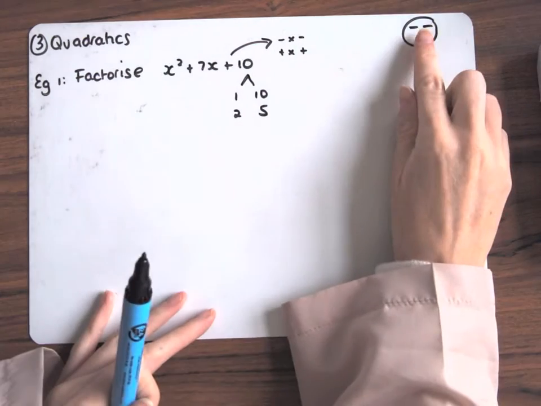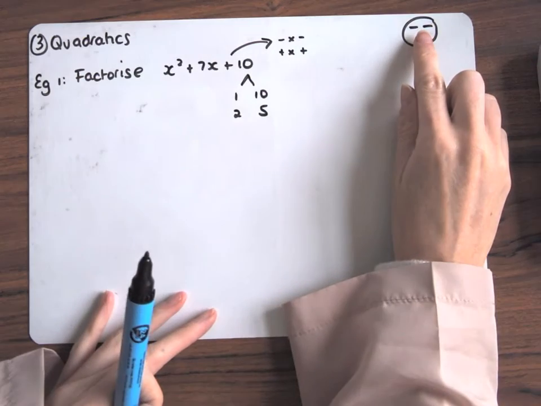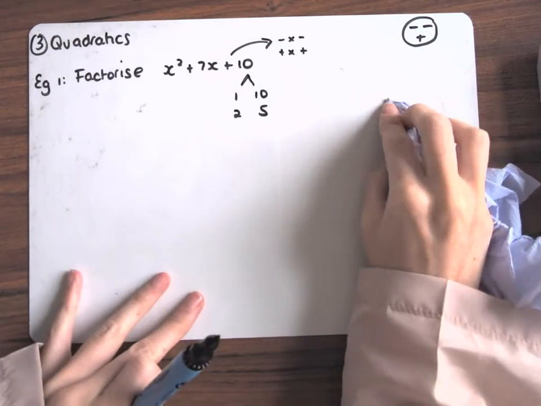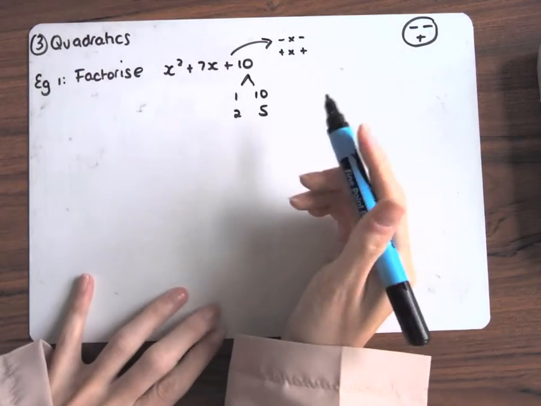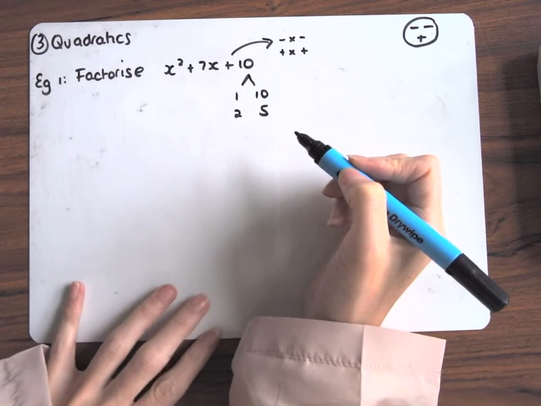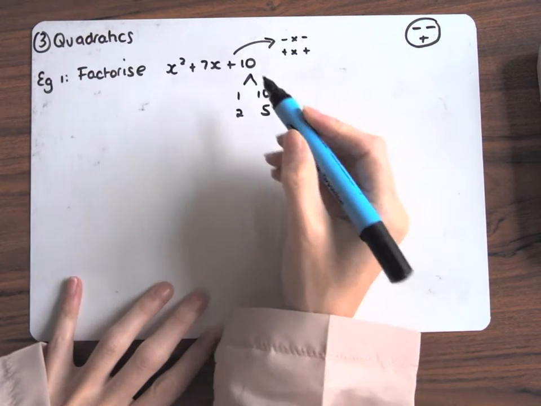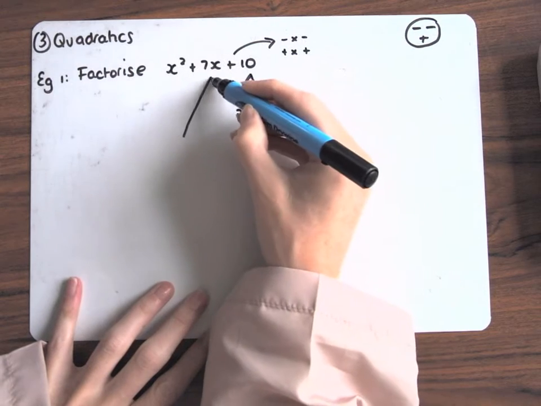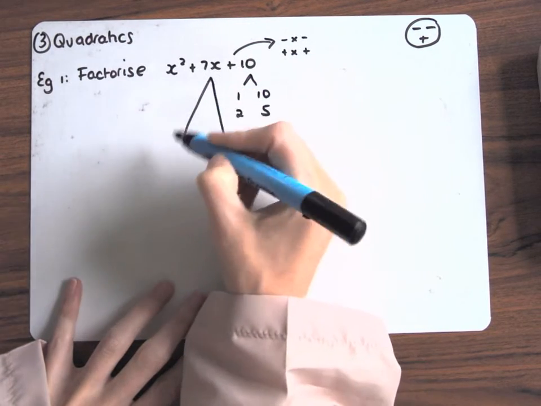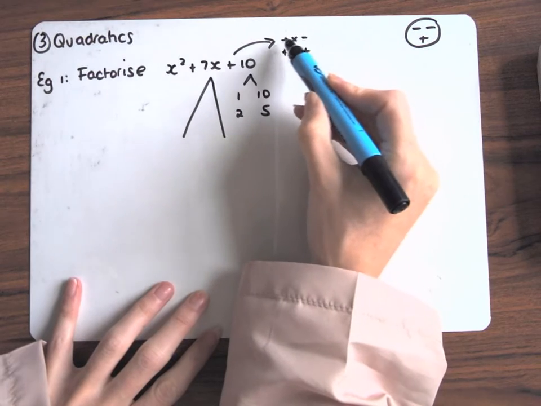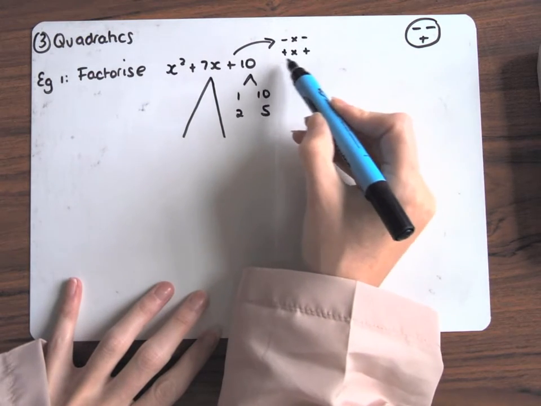If I want a plus, it means it's a minus by a minus, or we just know a plus by a plus gives you a plus. Looking at this now, these are my factors. I want my 2 factors to add up to 7x. They both have to be minuses, or they both have to be pluses.